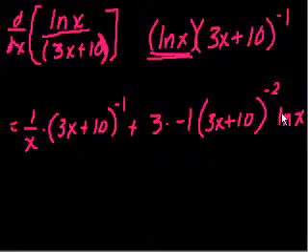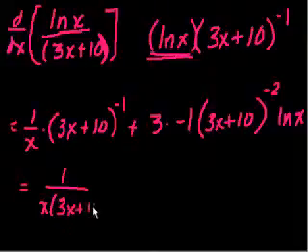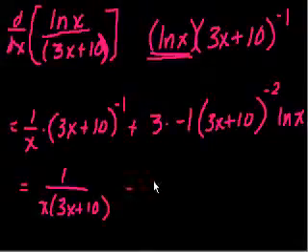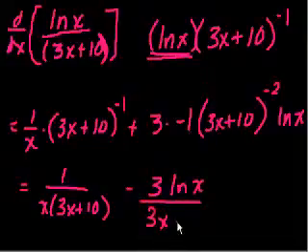We could simplify that. This is 1 over x and 3x plus 10 to the negative 1, so we could rewrite this as 1 over x times 3x plus 10, plus 3 times minus 1, so that's the same thing as minus 3 ln of x over 3x plus 10 squared.